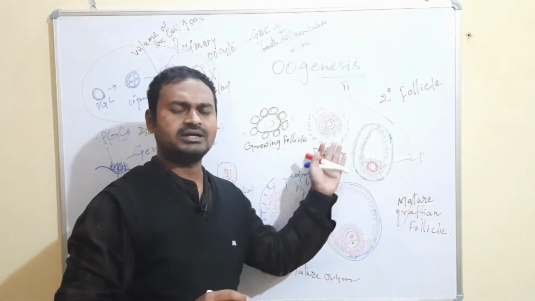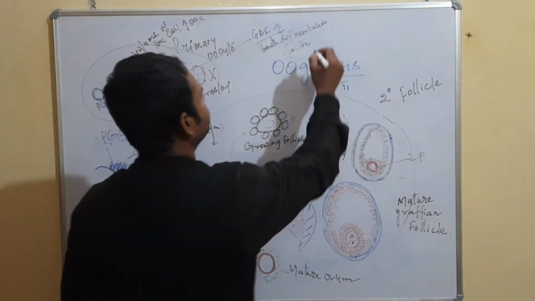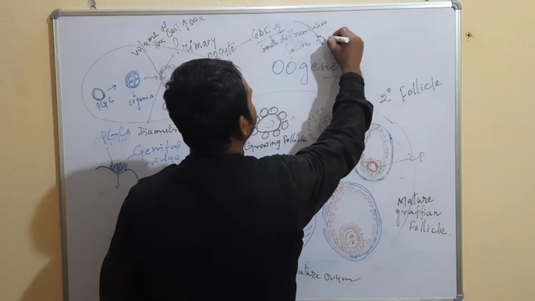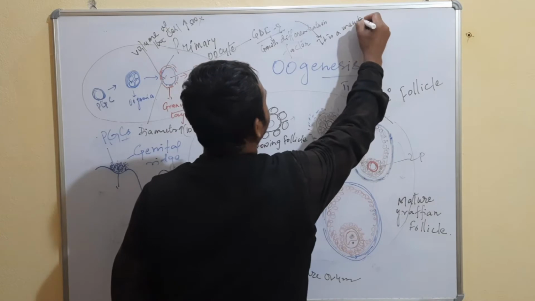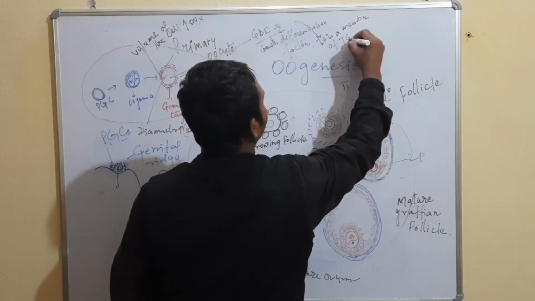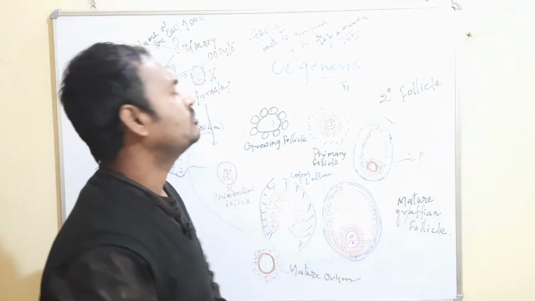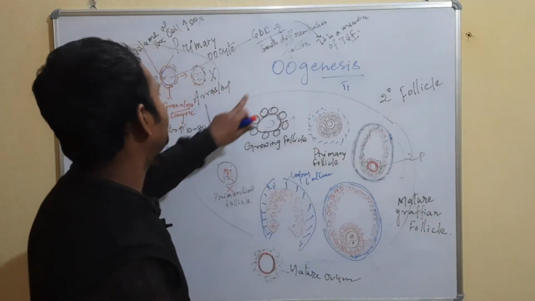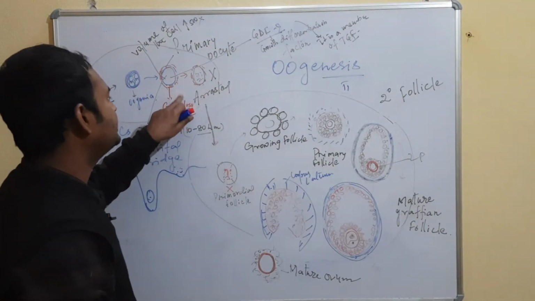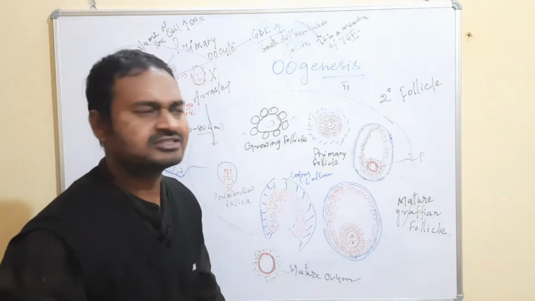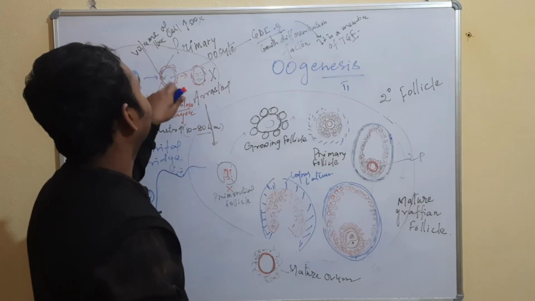It is a member of the TGF family, the transforming growth factor, and this is responsible for the accumulation of the granulosa cells, the flat epithelial cells, around the developing primary oocytes.